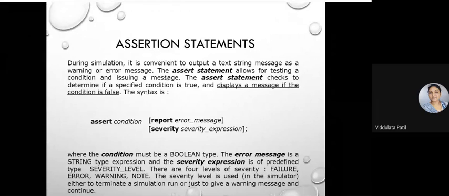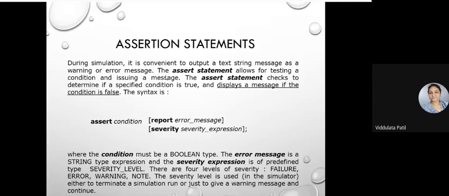The severity level is used either to terminate a simulation run, or just to give a warning message and then continue. So depending on the severity, whatever conditions we have stated, whether the simulation should be continued or stopped at that condition, if the condition fails, will be decided by this severity level.